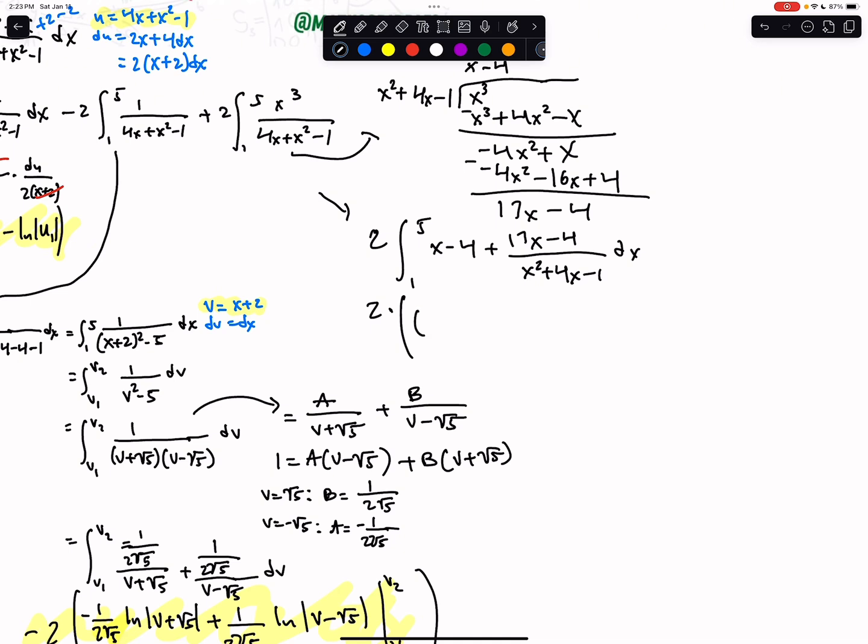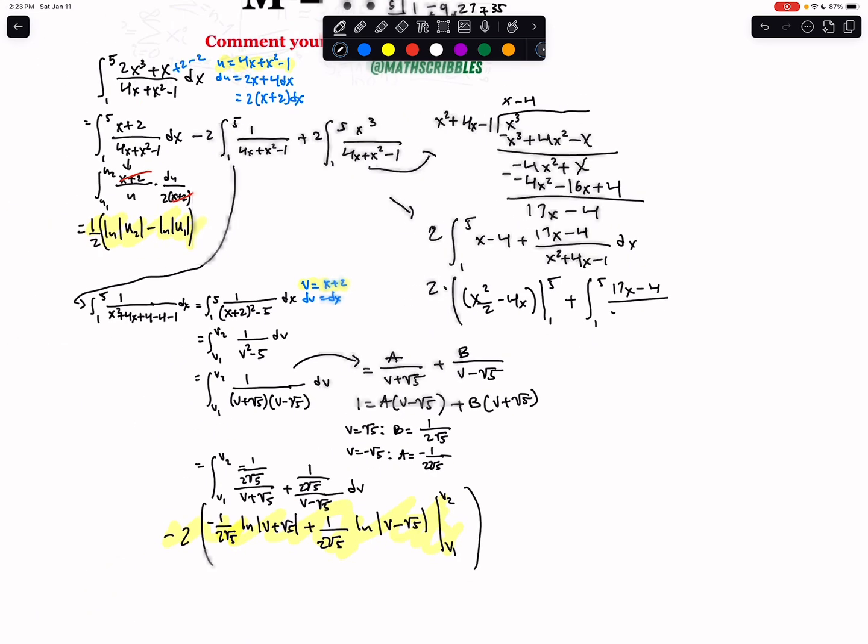I'm going to evaluate these integrals like x squared over 2 minus 4x, using power rule from 1 to 5, right? And then plus this integral right here, the 1 to 5, 17x minus 4 over x squared plus 4x minus 1 dx.